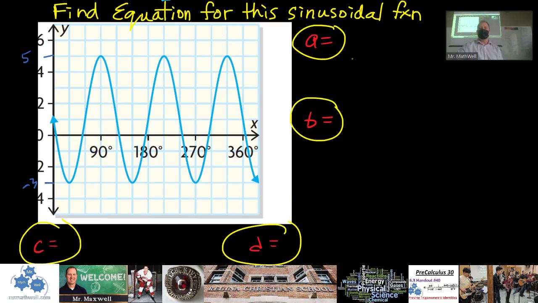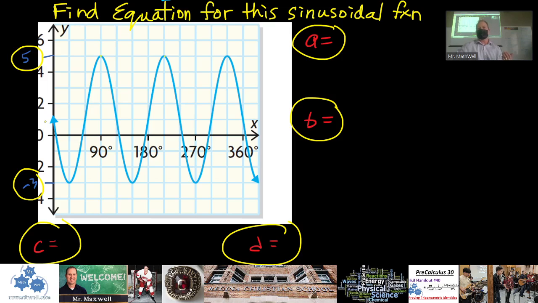Okay, so let's just start with A. Usually you can start with A and move all the way over to the right. Honestly, finding the A value, the amplitude, is probably going to be the first and easiest thing to find. We have a maximum point here that this reaches at 5 and a minimum of -3.